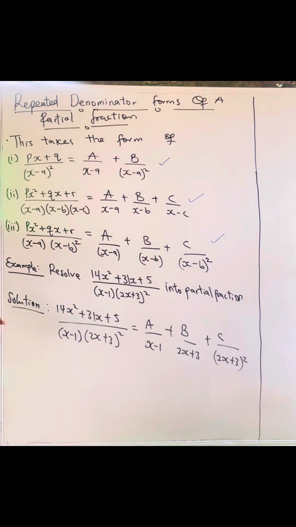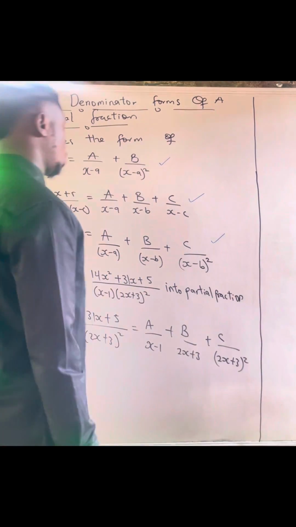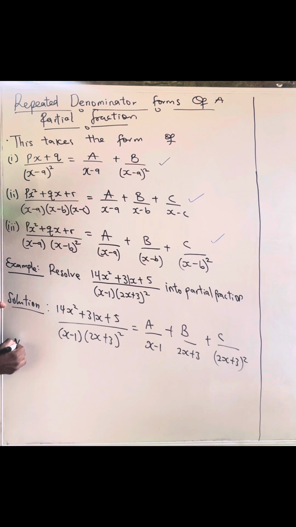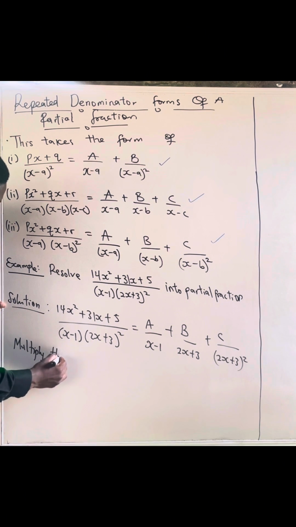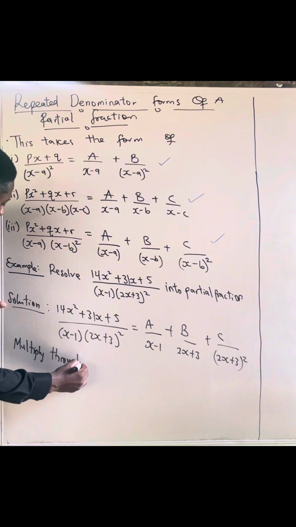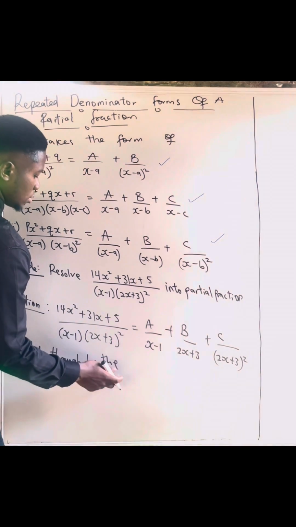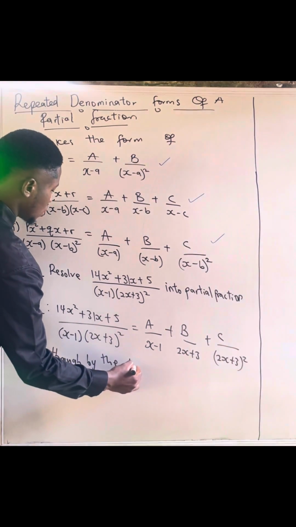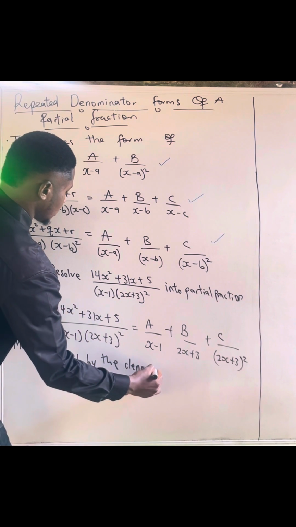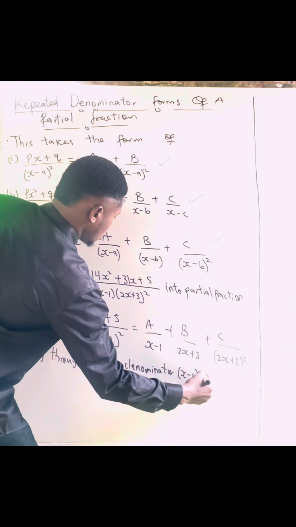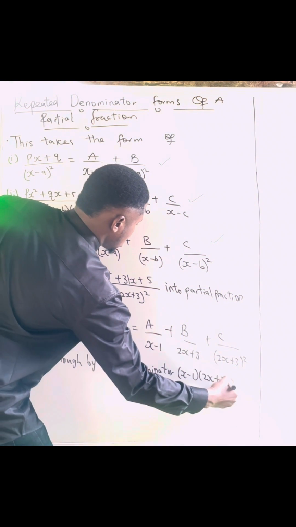We firstly express it into its partial fractions like this. Once we've done this, the next thing is that we are going to multiply through by the denominator, x minus 1, 2x plus 3 squared.